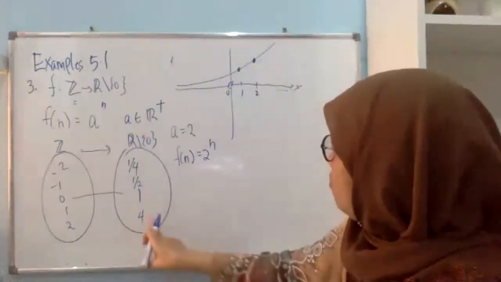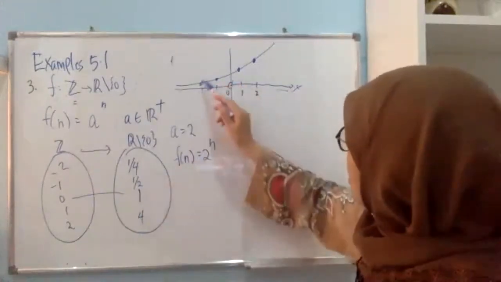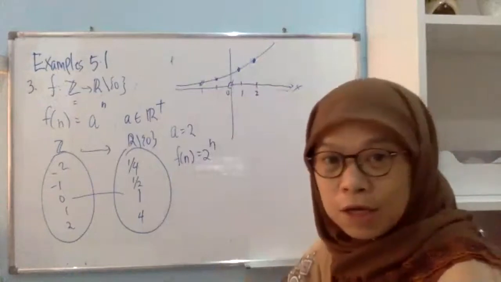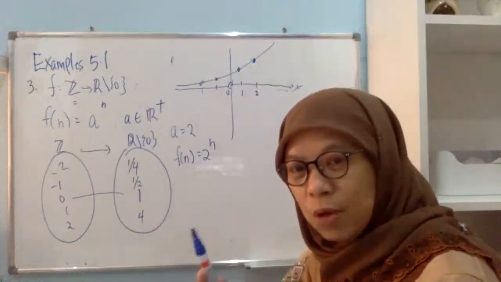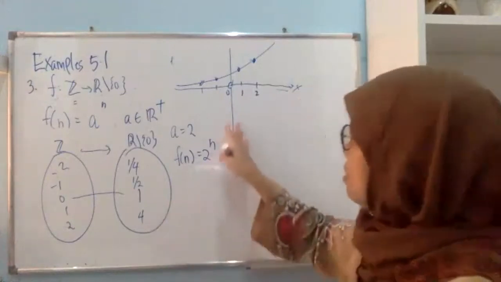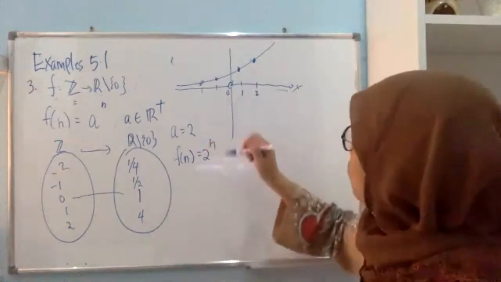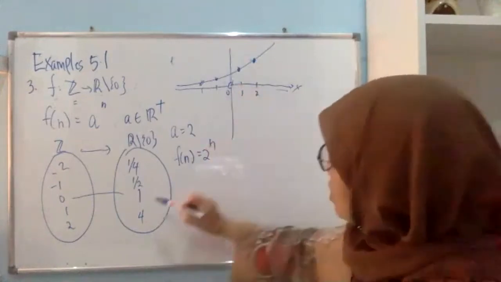That's why 1, 4. And then here you get this, you get this. Only this. Okay, so one easy thing to show it is not onto is find some negative numbers, right? There is no x. Or find something in between, like 2.